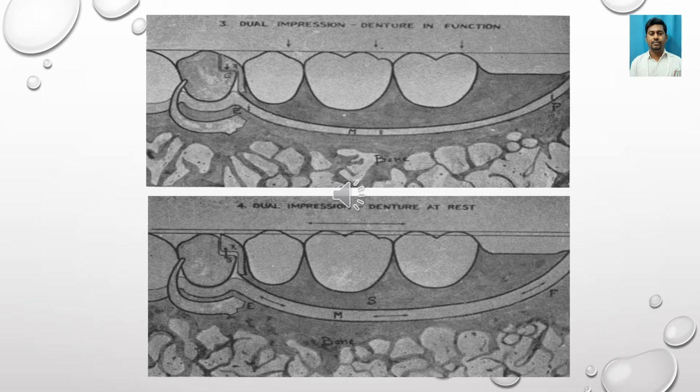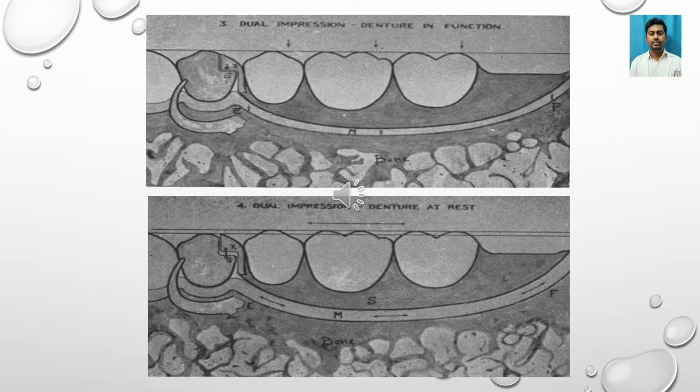In this illustration, we can see a distal extension removable partial denture fabricated using a dual impression, which is another type of special impression, where the occlusal table remains the same even at rest or under mastication.